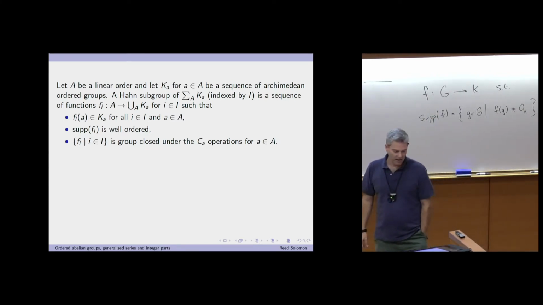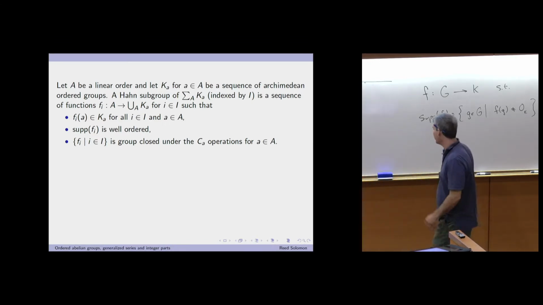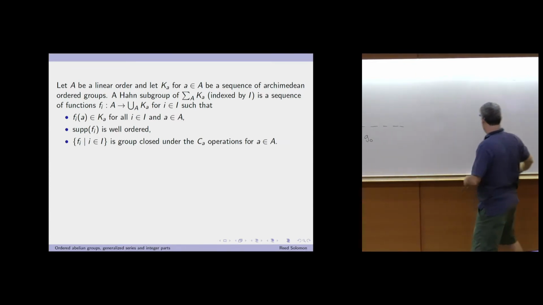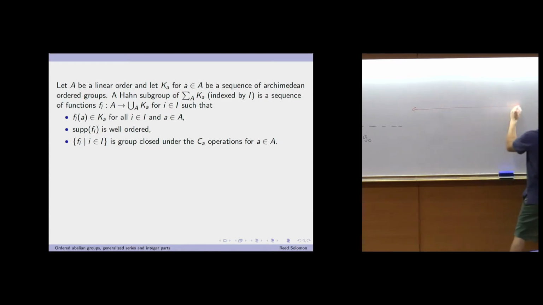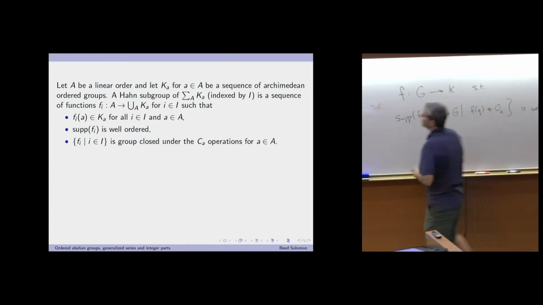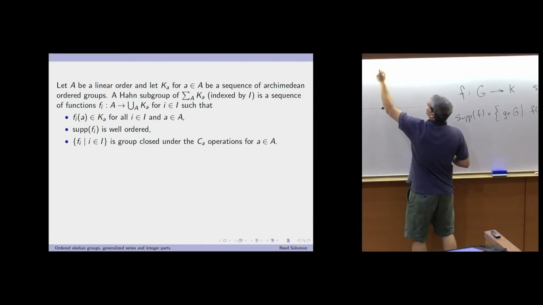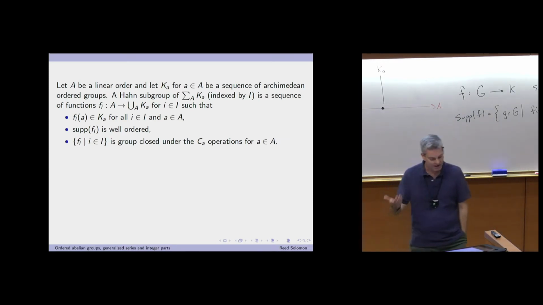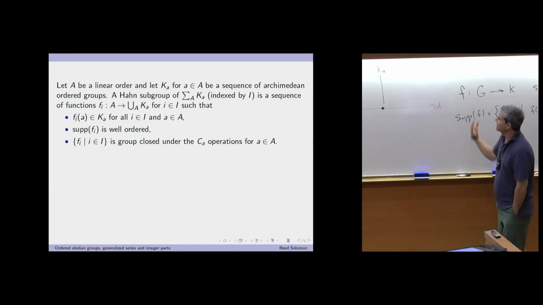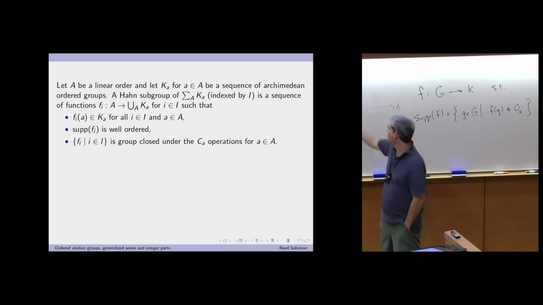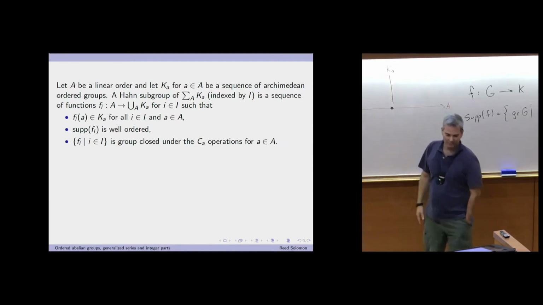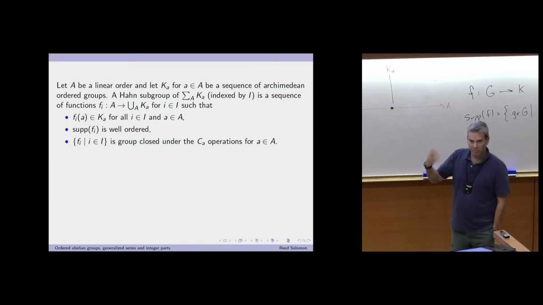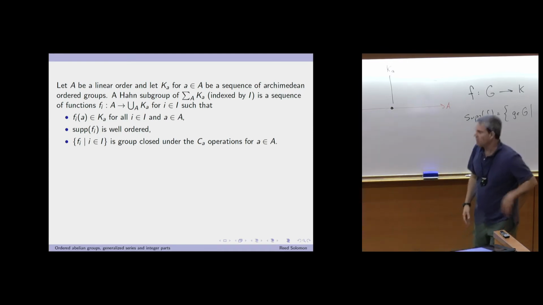All right. So here's a crack at doing this. I've got a linear order A, and above each point a in A, I've got an Archimedean ordered group. So I have a sequence of Archimedean ordered groups K_a indexed by A. So a Hahn subgroup of the sum of these groups K_a, again thinking of these as though they were all sitting inside the reals, indexed by some index set I, is just a sequence of functions.